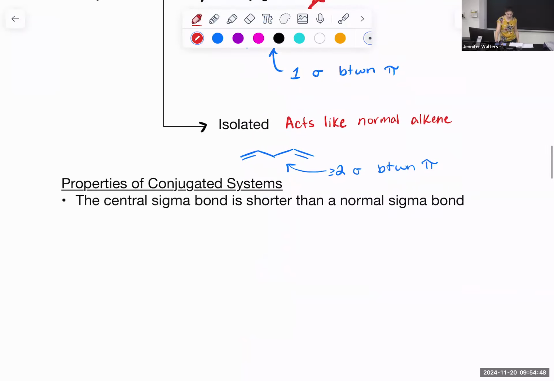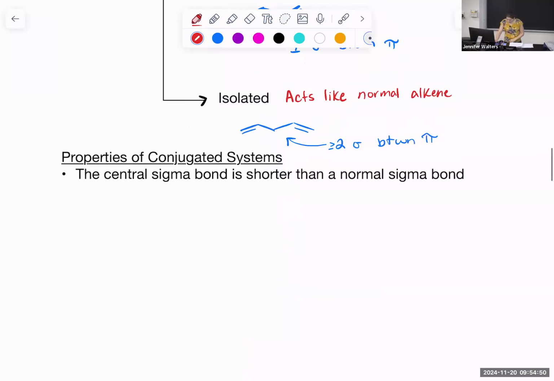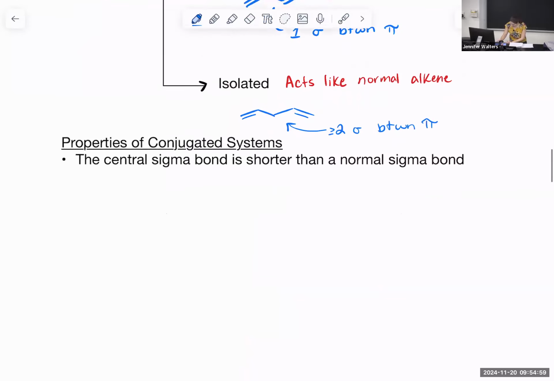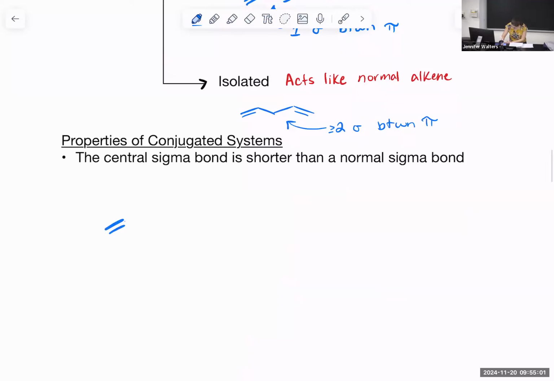So some properties of our conjugated system, that central bond, that central sigma bond, is shorter than a normal sigma bond. So if I think of that versus this, that sigma is the result of sp2 orbital overlap.